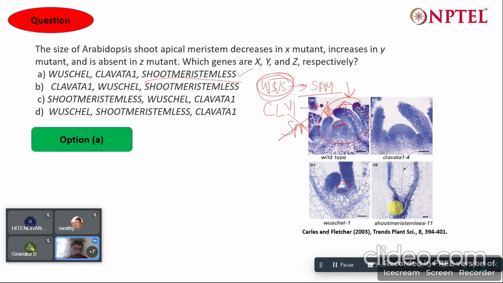And in the third case, you cannot see any clear differentiation of the meristem. Hence, meristem is not present in shoot meristemless mutants. So these are the different mutants that can be present in the SAM, and these genes are involved in the development of SAM. Okay, so any doubts in this question?